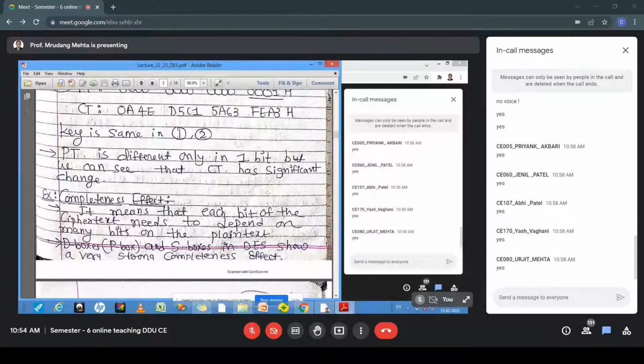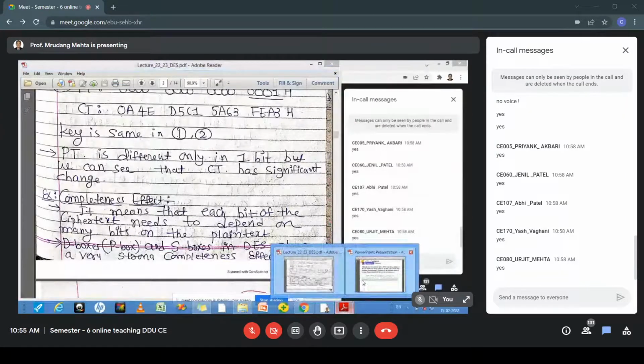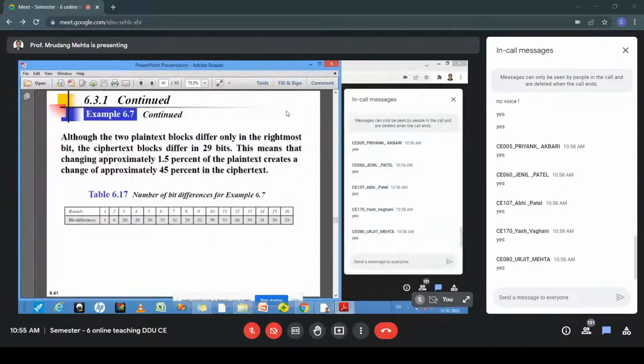And this is because we have the D box or P box, the permutation box, and the S boxes. There are 8 S boxes, right? And this shows that there is a strong completeness effect, right? So let us see this in the slide also.